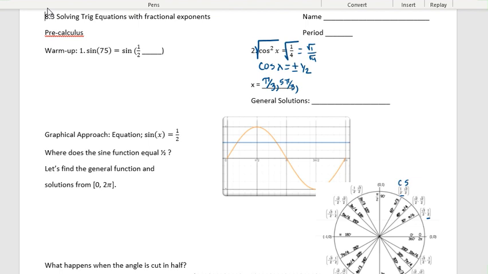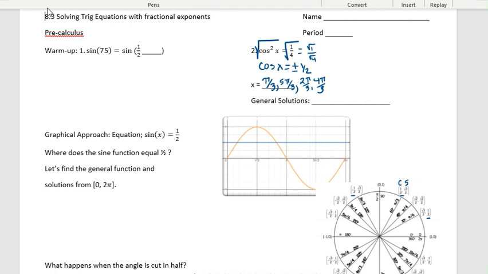And then if we look at the negative ones, because this says plus or minus 1/2, it's going to be these at 2 pi over 3 and 4 pi over 3. Now, if these aren't in order, it doesn't matter to me. I'll catch it.